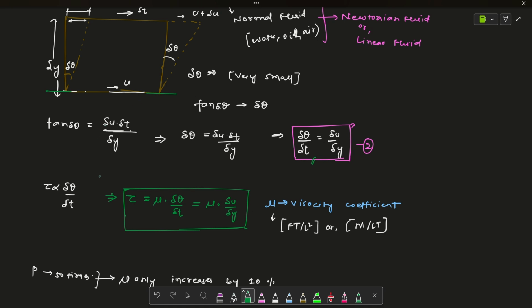You may ask me the question: why have we designed this part like del u by dy? Why are we not dealing with only del theta by del t? The answer is that the shear stress is proportional to the slope of the velocity profile, and it is greatest at the wall.